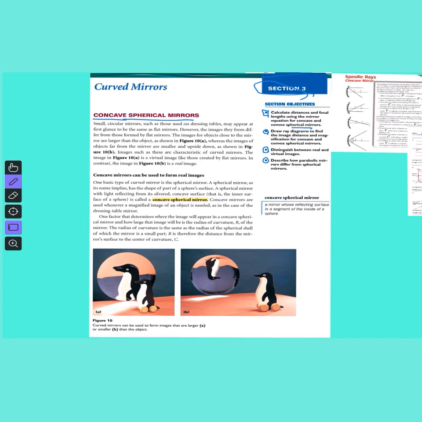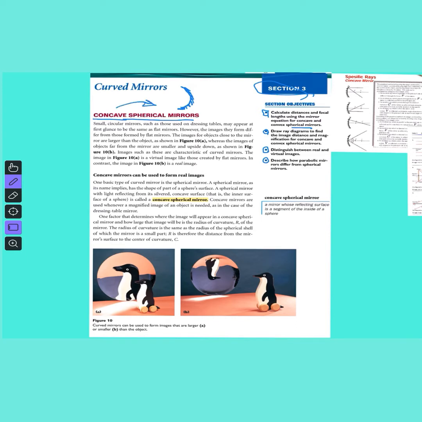In this mirror we can say it is the inward shape of the spoon. Guys, what does concave mean? If you have a shape which is inward, like this, this is the back side of the spoon, for example. We call this mirror a concave mirror.